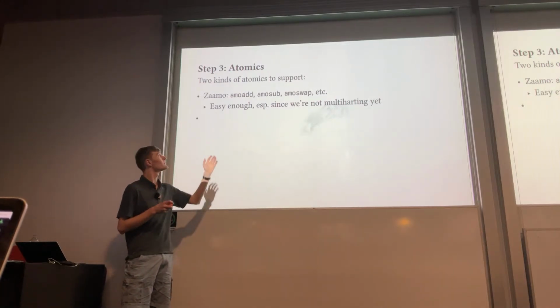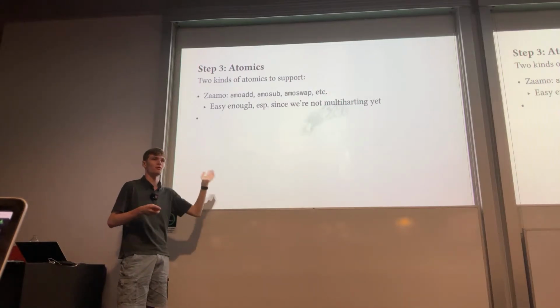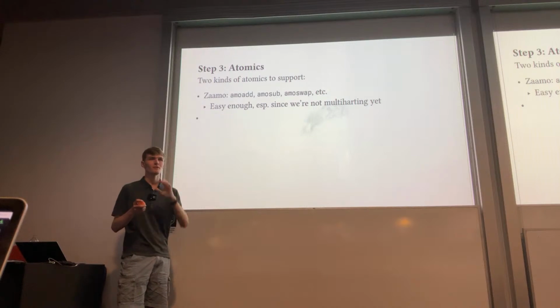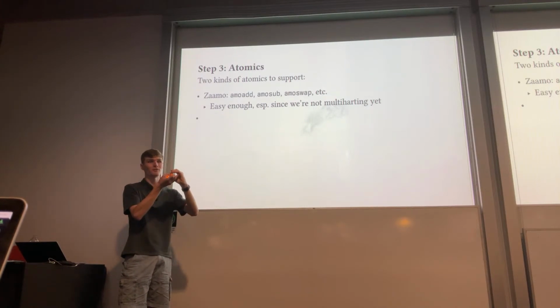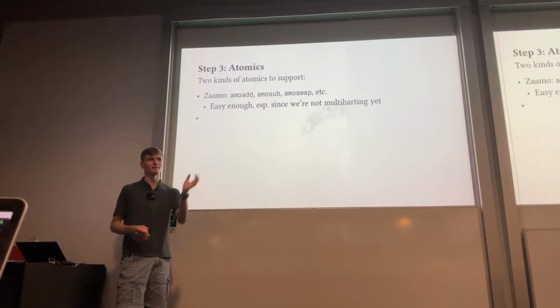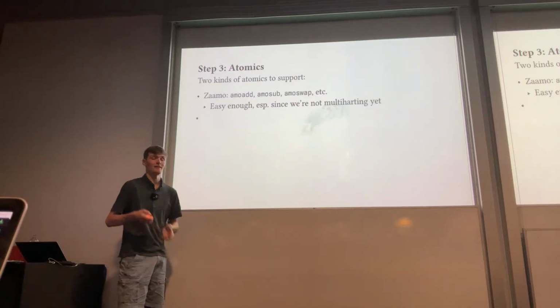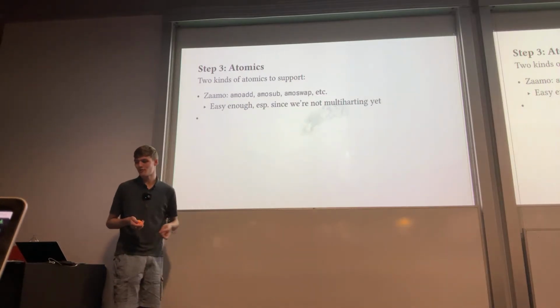These are AMO add, AMO sub, AMO swap. This is a single instruction. AMO add fetches a thing from memory, adds one operand to it, and writes it back all in one CPU cycle. So like your fetch and increment is implemented in terms of this.